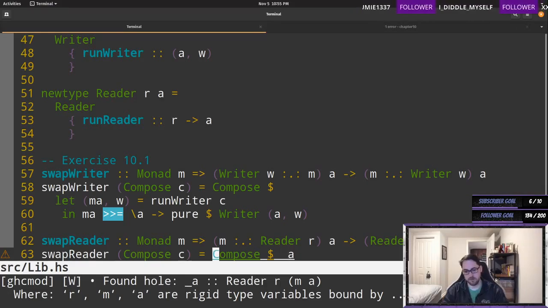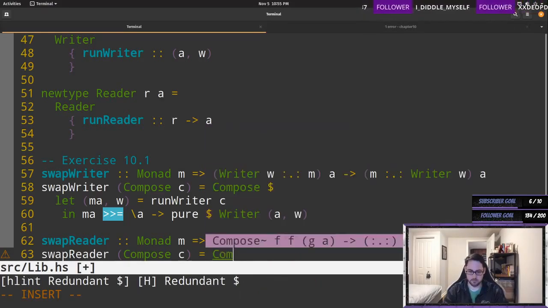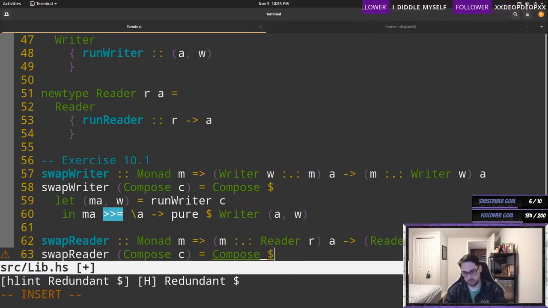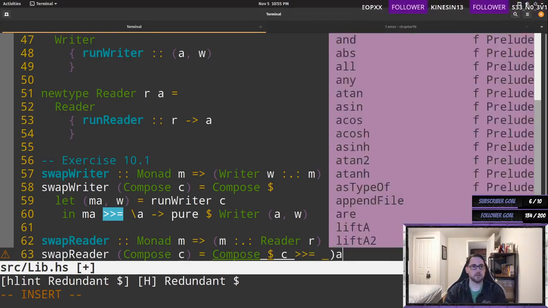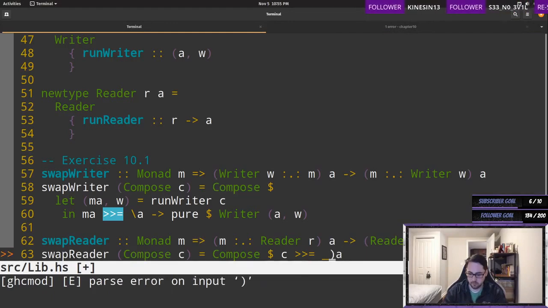Oh, well, yes, there is. Wait, no, it doesn't work. I was like, do. No. And if I remember correctly, this doesn't work at all, right?